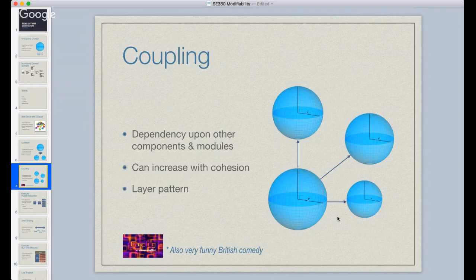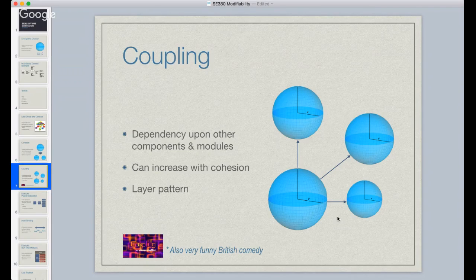But working directly against it is the notion of coupling. And we very often use the phrase cohesion and coupling at the same time, because they are two forces that work against each other. There's a dynamic tension, as we say, between cohesion and coupling.